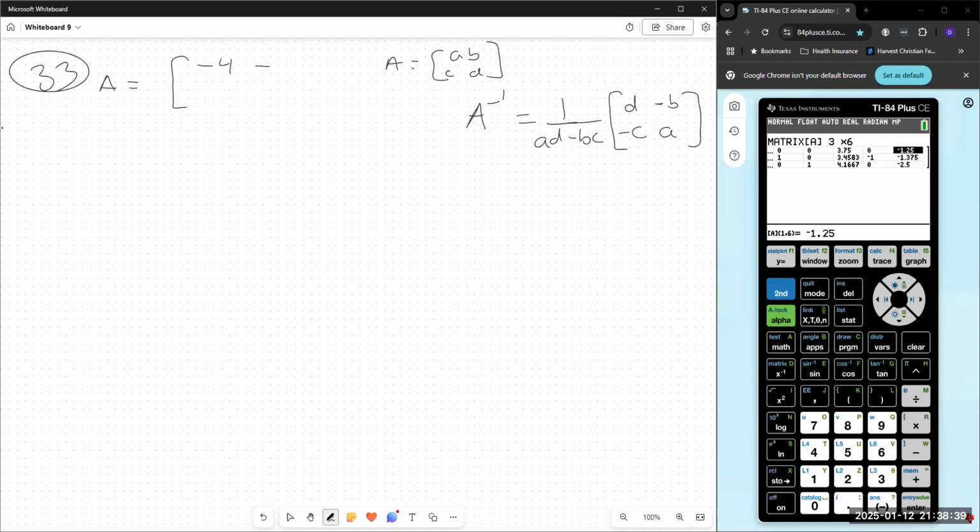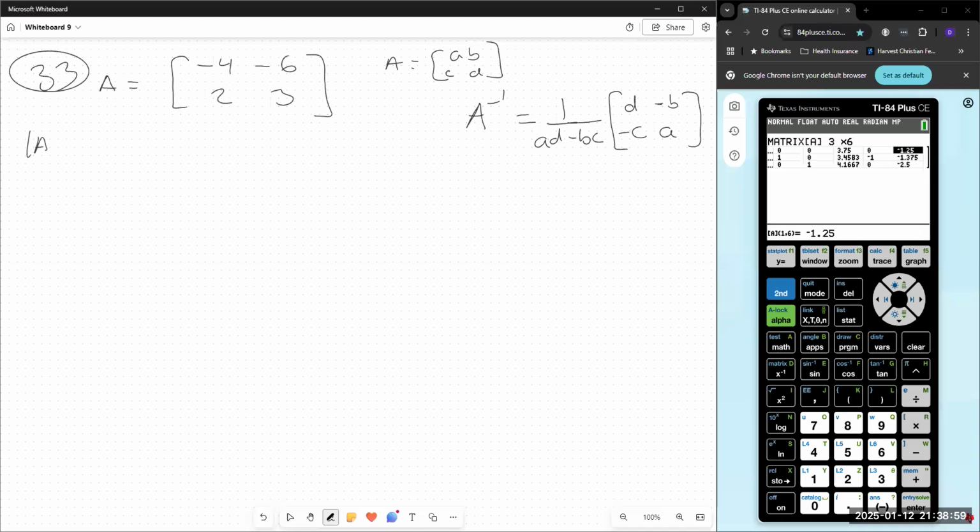So 33 was A is equal to -4, -6, 2, 3. So assuming that I can find an inverse of this, I would need to have a non-zero determinant. So let's go ahead and see if that's true first.